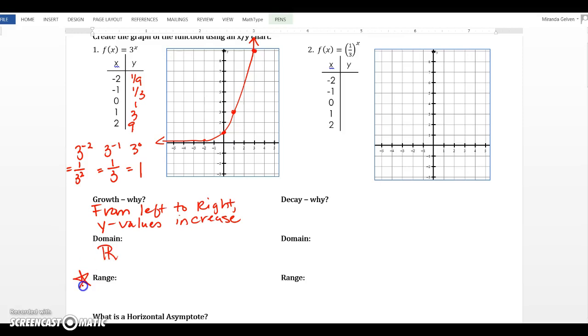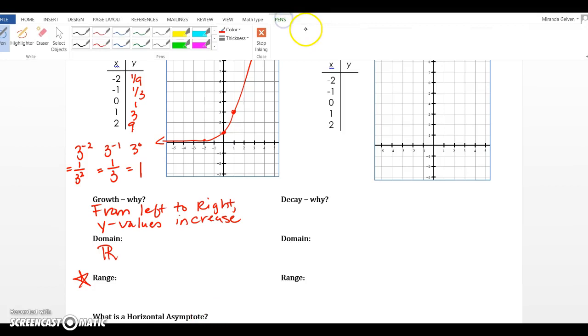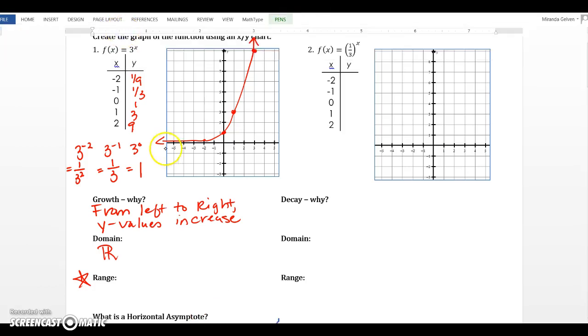But the range is going to be based off of what we call a horizontal asymptote. There's an imaginary line down here. If I put it in, it's right here, where this red line is never touching that blue line. So what is a horizontal asymptote? It's an imaginary line that is never touched.